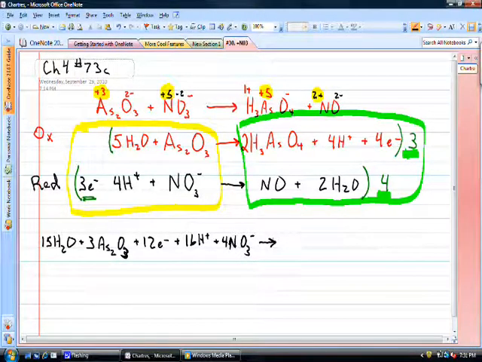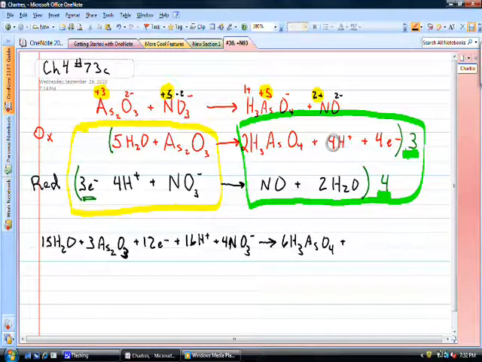Then we're going to make our arrow, and we're going to add up all the products. So the products we have here, we have 2 times 3, so that's 6 H3AsO4, and we have 4 times 3 hydrogens, so that's 12 hydrogen ions.